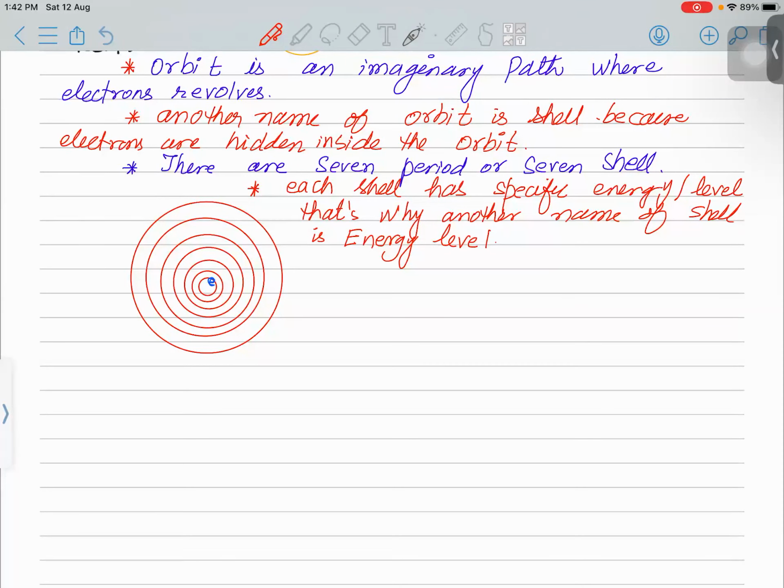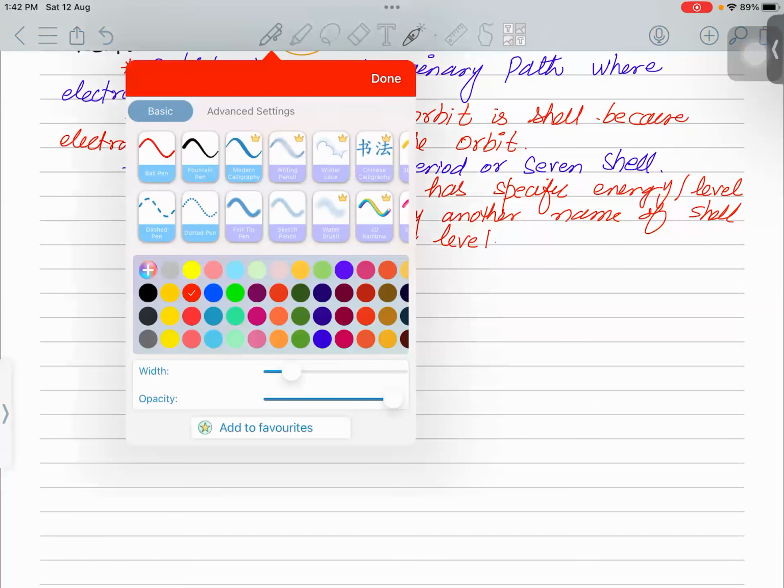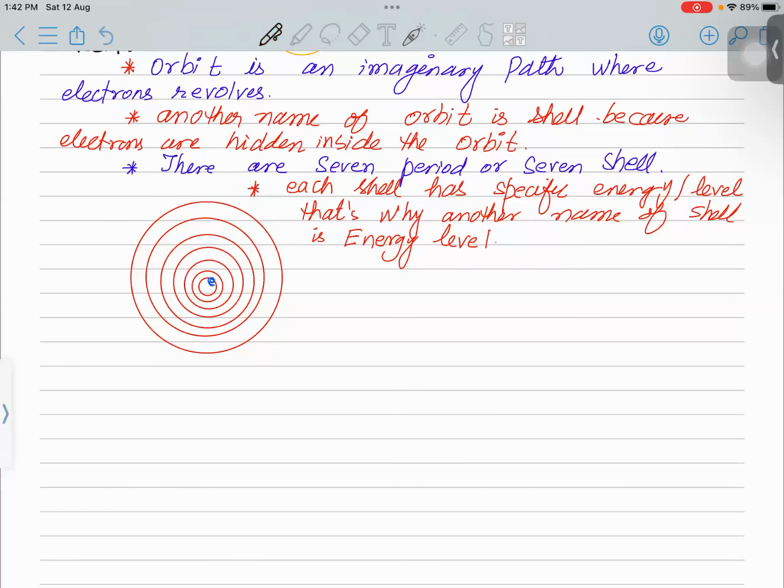Now look at the diagram again. Let's suppose we want to move a first shell electron to the last one. Which thing must be provided to the electron to promote it to a higher energy level? Can anyone suggest?